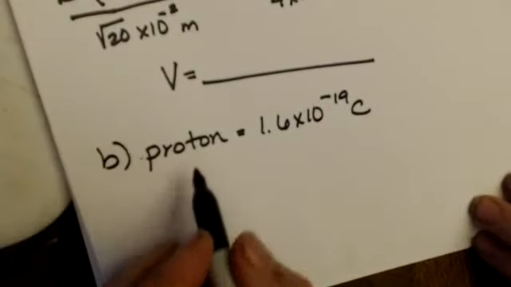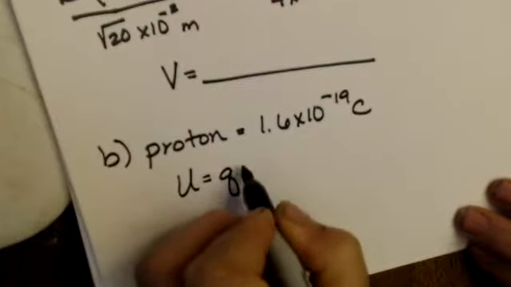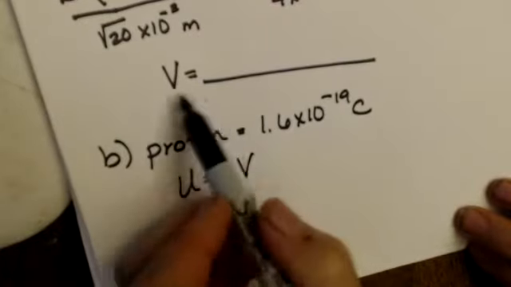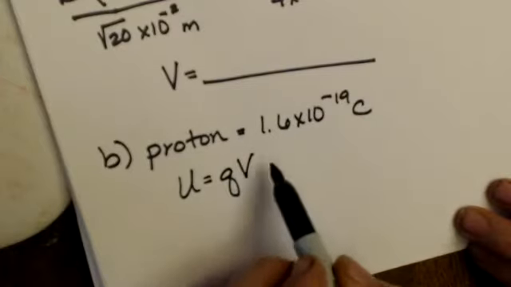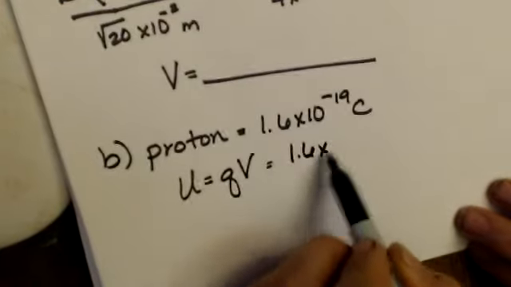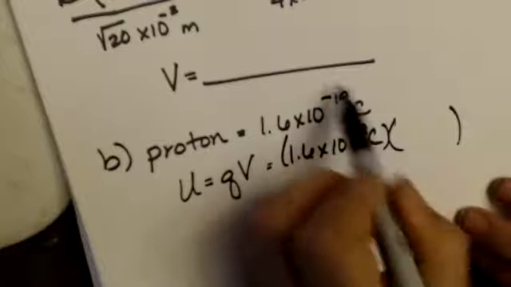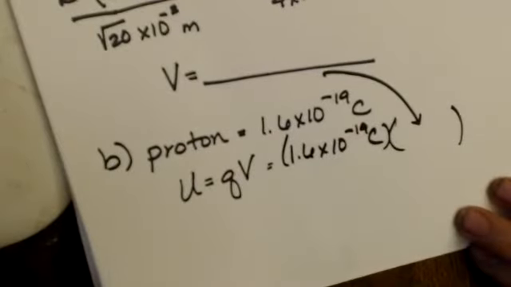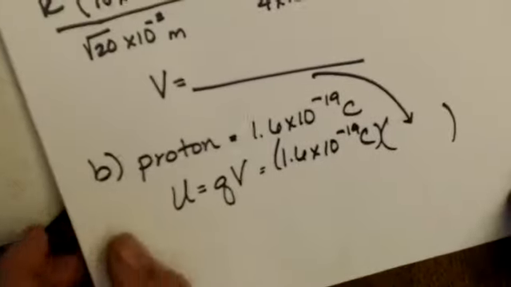Then potential energy is just Q times V. Well, I just found V right here, and I know Q. So the potential energy is just 1.6 times 10 to the minus 19 coulombs times whatever I get when I add that up. So you just multiply those out.